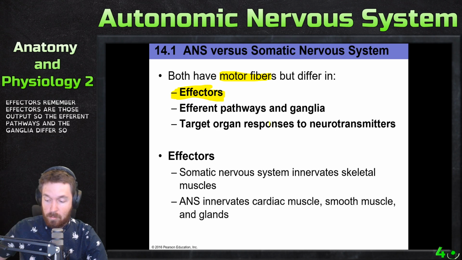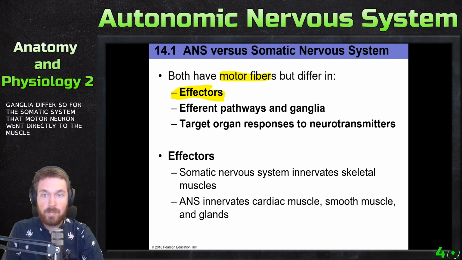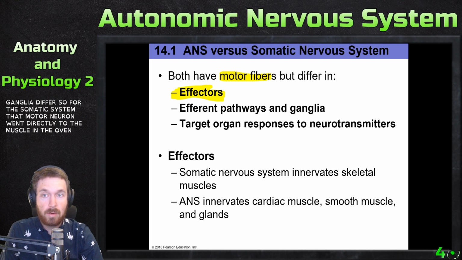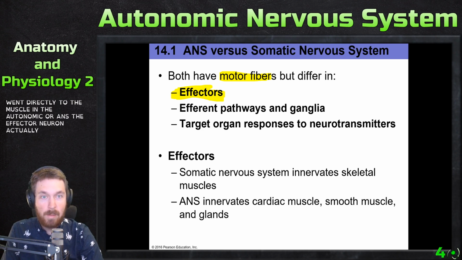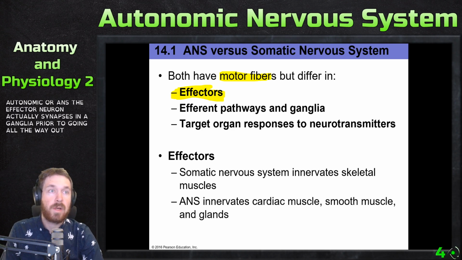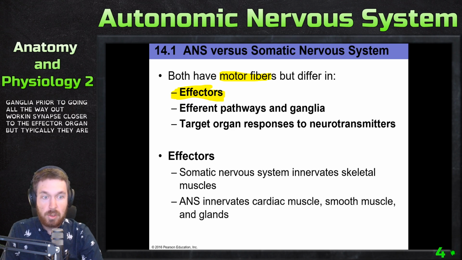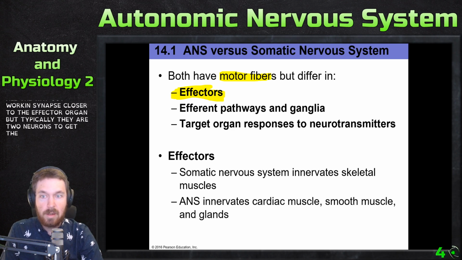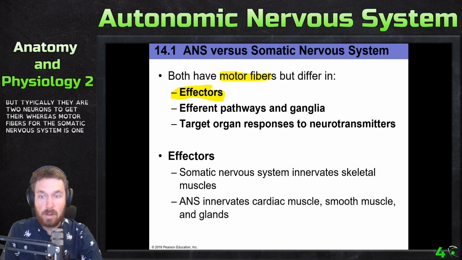So for the somatic system, that motor neuron went directly to the muscle. In the autonomic, or ANS, the effector neuron actually synapses in a ganglia prior to going all the way out, or it can synapse closer to the effector organ, but typically they are two neurons to get there, whereas motor fibers for the somatic nervous system is one neuron.